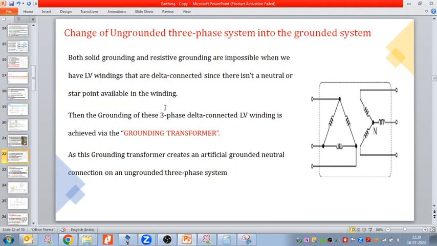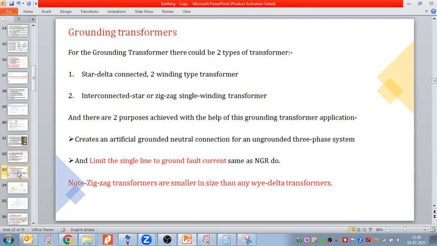Then the grounding of this three-phase delta connected LV winding is achieved via the grounding transformer, as the grounding transformer creates an artificial grounding neutral connection on an ungrounded three-phase system, a system that doesn't have a grounding point. We will see that with the help of the drawing as well.